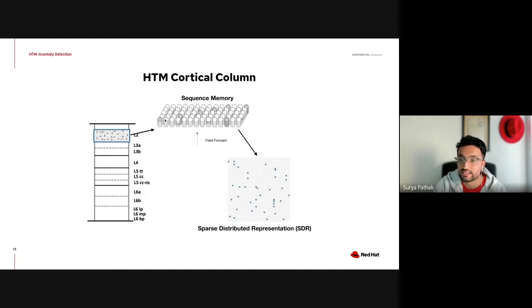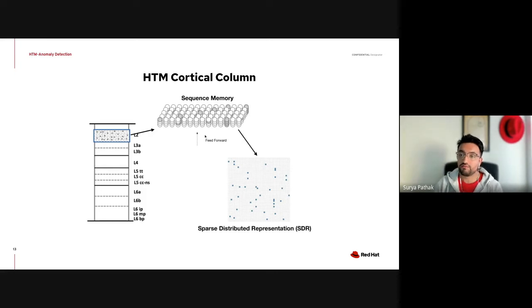So as we can see, in some cells all the columns are active, which is given by the dark shade, and in some cells only one, two or three neurons are active per column. This is called a sequence memory.